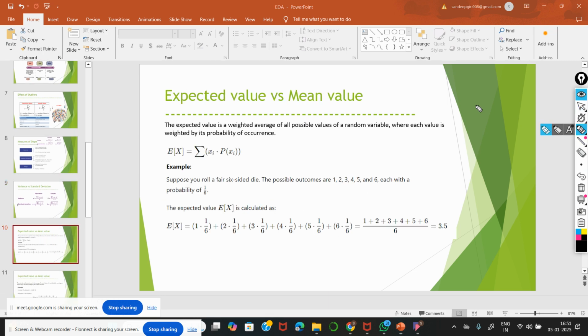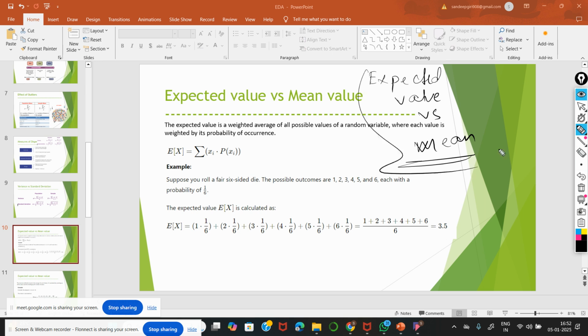Now before going to the next moment of business decision, many times people would be getting confused with something called expected value versus mean. Most of the people would be saying, sir, both are the same. But anyone aware of expected value by any chance?